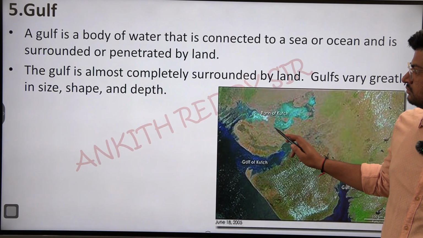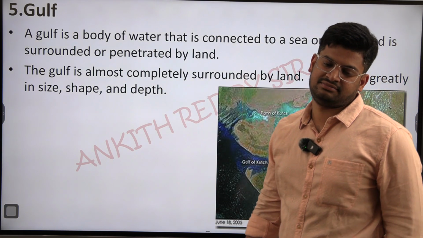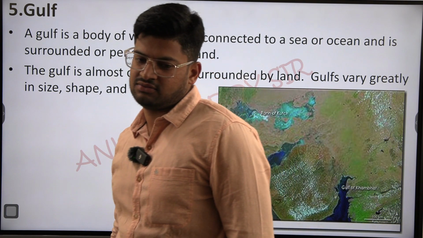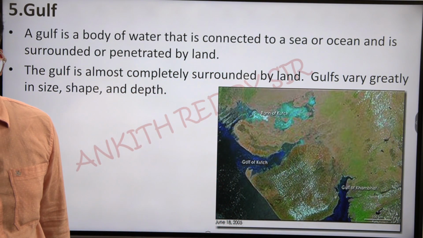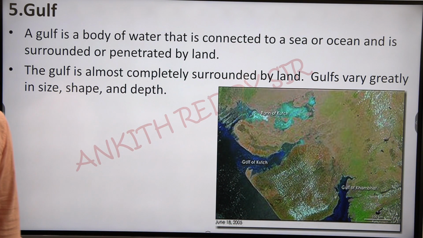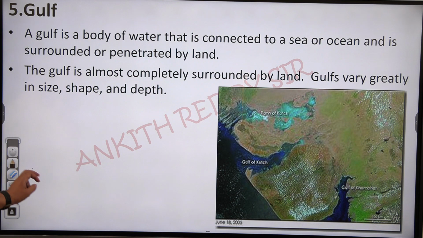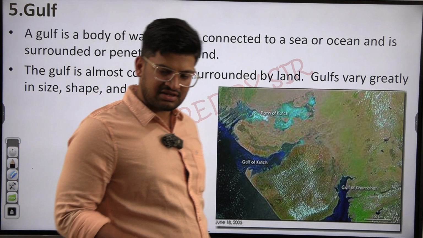Next, Gulf. We have seen the Persian Gulf, Gulf of Oman, Gulf of Aden. Now what is a Gulf? Okay, so a Gulf is a water body, a sea surrounded by land.